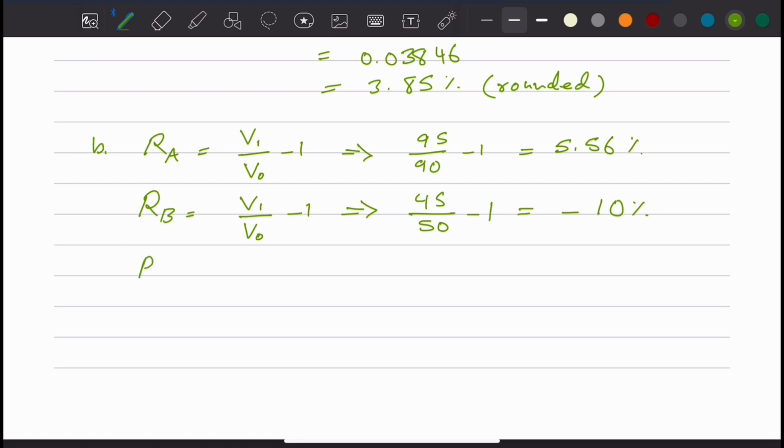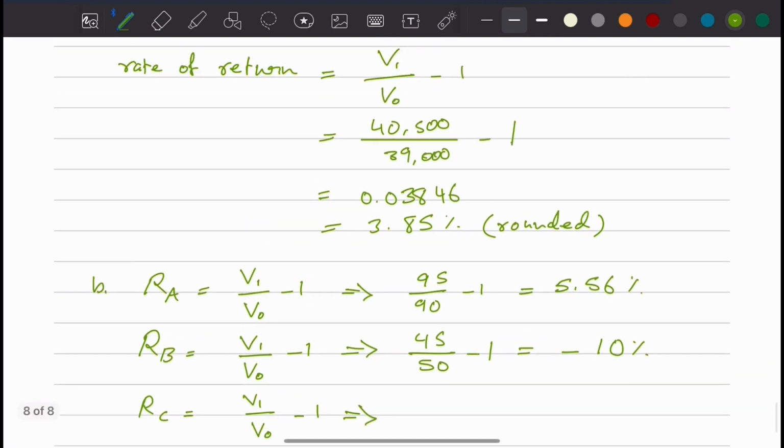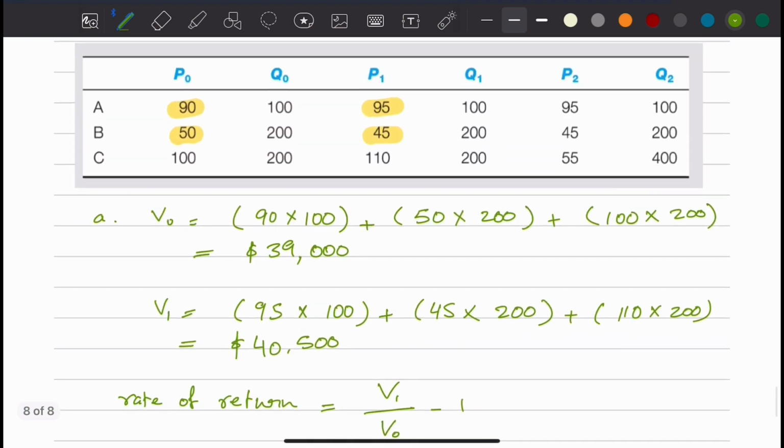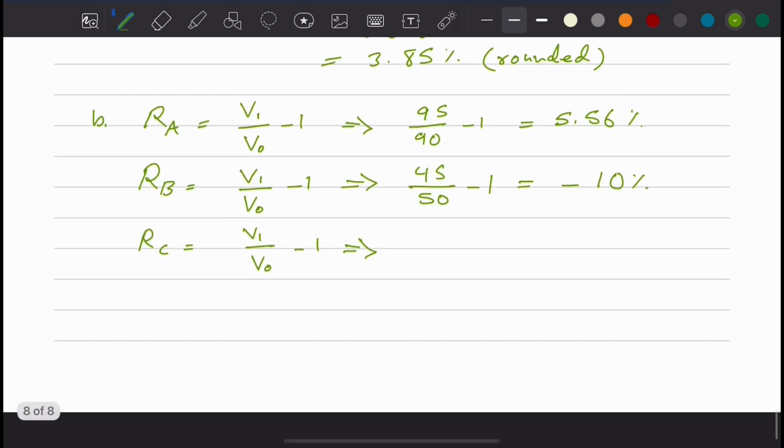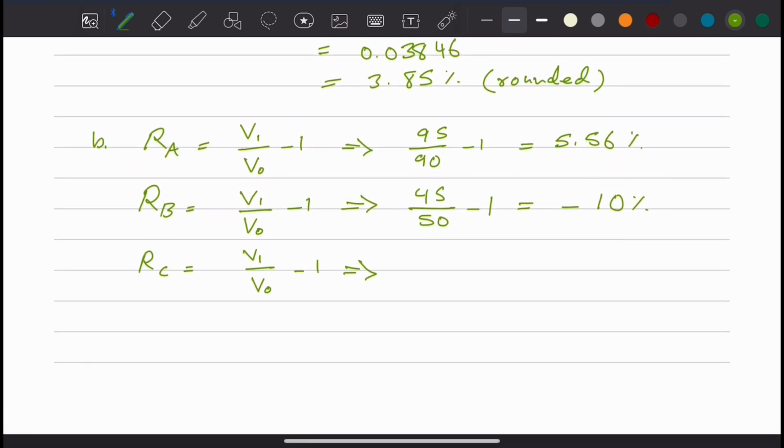And the return on the last stock, stock C, value at time 1 over value at time 0 minus 1. That will be 110 divided by 100 minus 1.